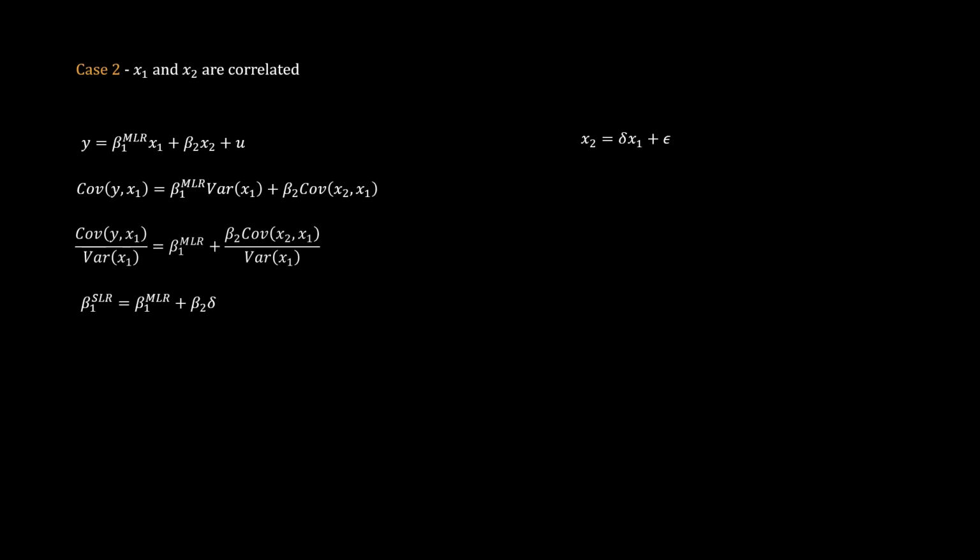Note that when the error term and the regressor are correlated, then in general we get biased coefficients, which is what happened in this case. If we skip x2, then the error term in the simple linear regression, which is epsilon, will contain x2, and so epsilon gets correlated with x1 through x2. And that causes omitted variable bias.